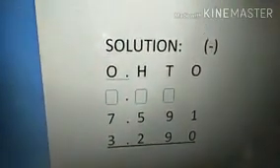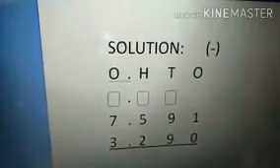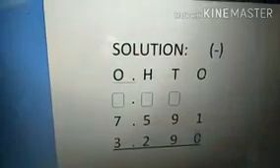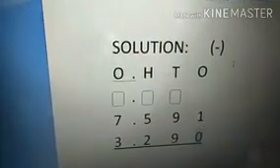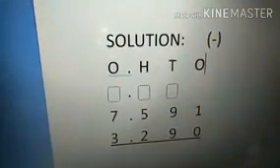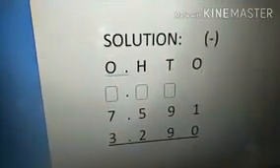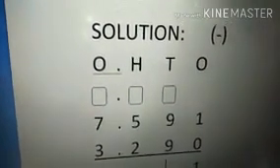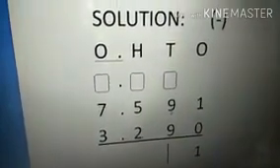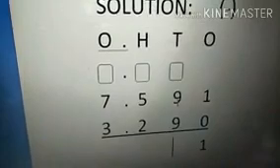So 1 minus 0: any zeros subtracted from any number, we get the same number. So what do we get? 1. Then 9 minus 9. The same number subtracted means what we get, children? Yes, very good. 0.